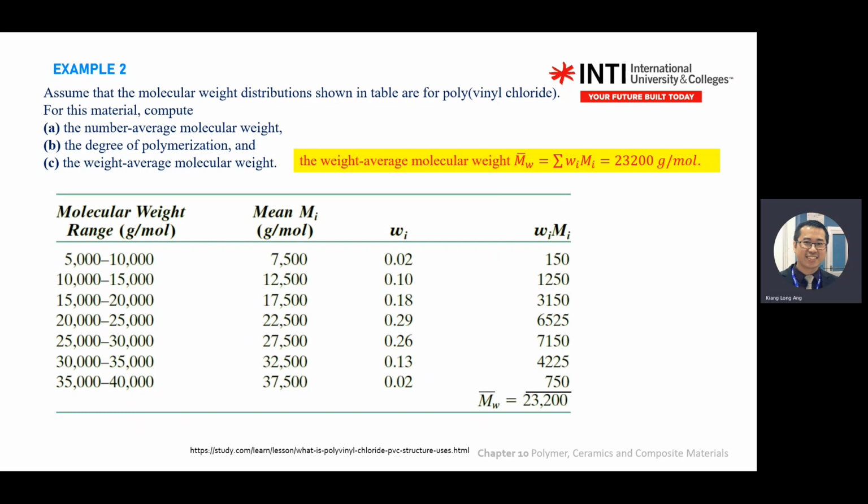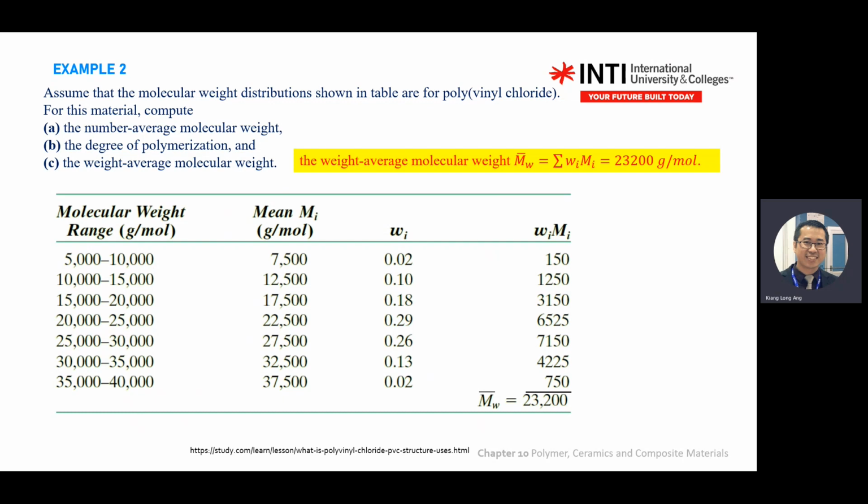So how do you differentiate section A and section C? Section A, you use Xi. Section C, you use weight fraction, Wi. If it is the weight fraction, you are trying to get the weight average.